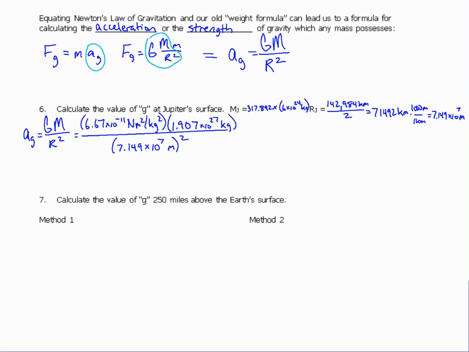So before we go too much further, let's go ahead and cancel out some units just to clear things up. On the bottom we have meters, which is going to be squared. As usual, this squared also applies to the number, so don't get rid of that exponent. So the meters on the bottom cancels with meters squared on the top. Here this is a little bit different. For kilograms, we have kilograms over kilograms squared. So we can cancel one of these, and that gets rid of the squared, but we still have a kilogram left.